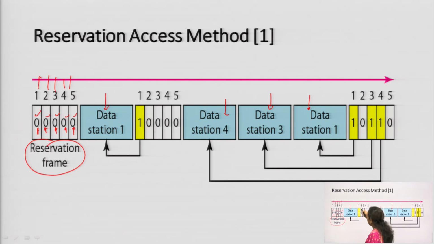Now, these are the different frames which are written over here, and you can see that 1 means the data from the first station has to be sent. So, this is how the reservation access method will work. It will check whether the first station has to send the data.